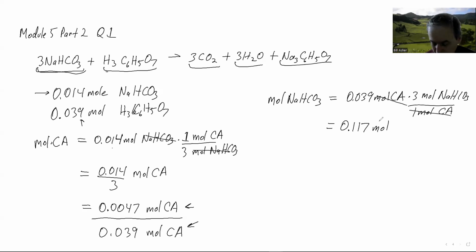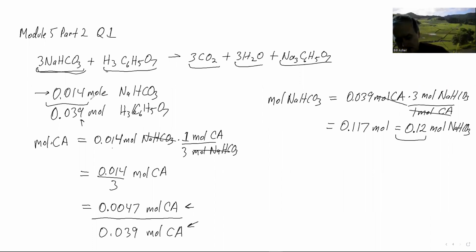Which for significant figures, we should round to 0.12 moles. I'm sorry, not citric acid, moles of bicarbonate, NaHCO3, right? So this is very much larger than the amount of bicarbonate we have. So again, to react all of that citric acid, 0.039 moles, we don't have nearly enough bicarbonate. So bicarbonate is the limiting reagent, right? And the excess reagent is citric acid.